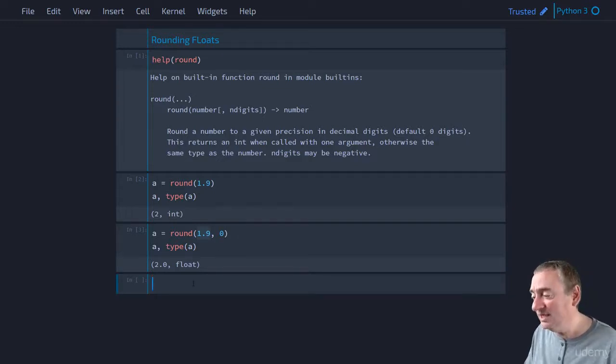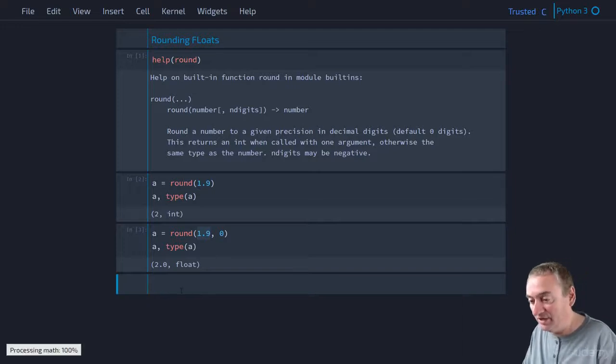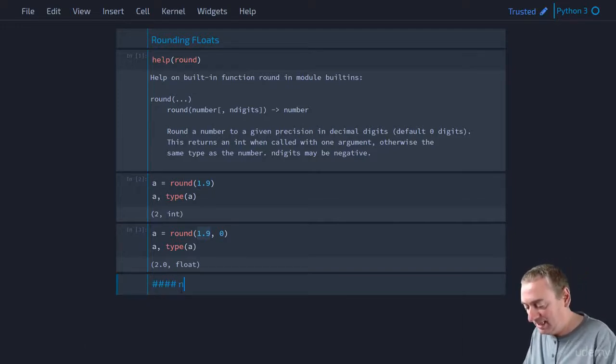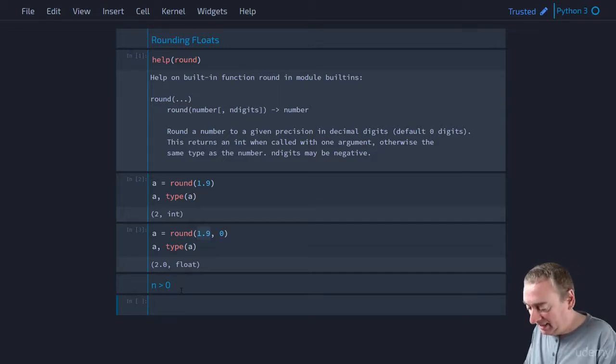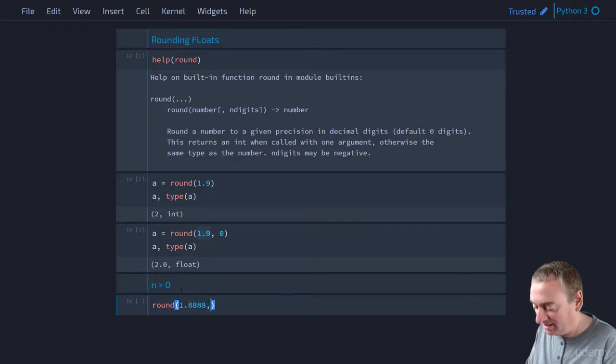All right, so let's go ahead and start looking at positive n's, right? So in other words, I want to look at n greater than 0 kind of examples. And let's just go ahead and do this. Round 1.8888, comma 3, that means we're going to round to 3 digits after the decimal point, or, well, that's probably easier to understand, we're going to round to the closest multiple of 10 to the negative 3, right?